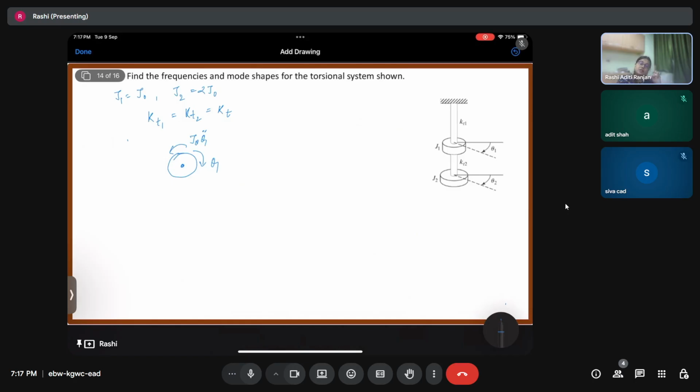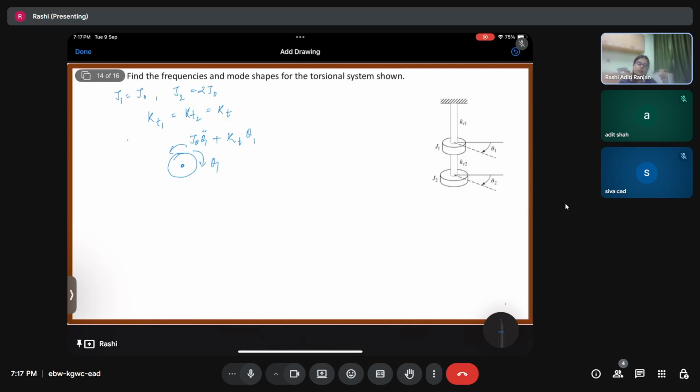Then, if it is going in the clockwise direction, there will also be a spring force, right? Torsional spring is going to apply a resistive force or a restoring force in the opposite direction. So we'll have plus kt theta 1.